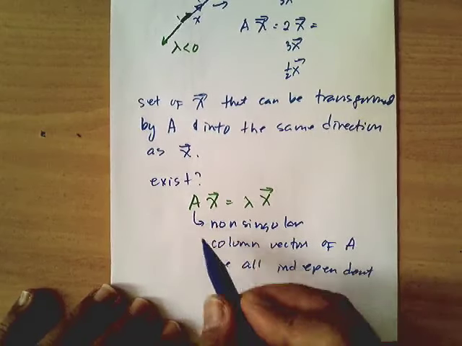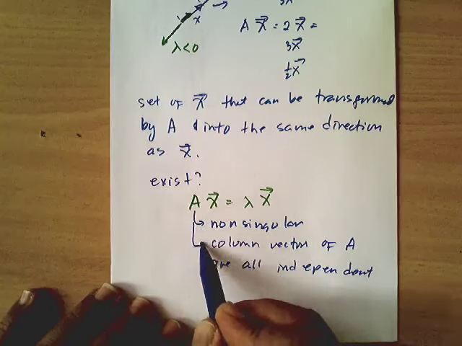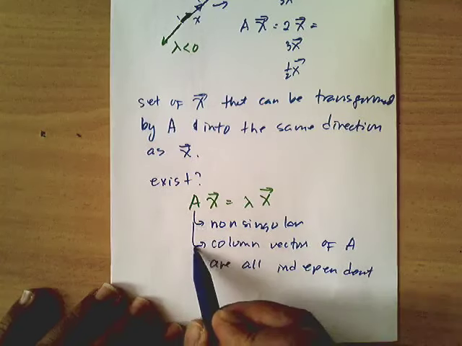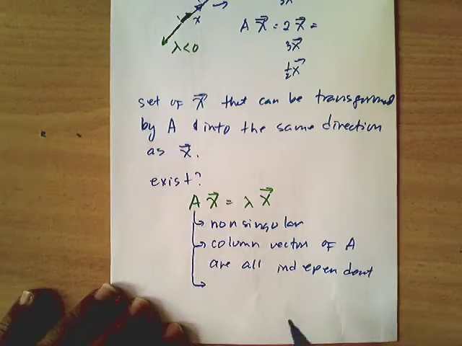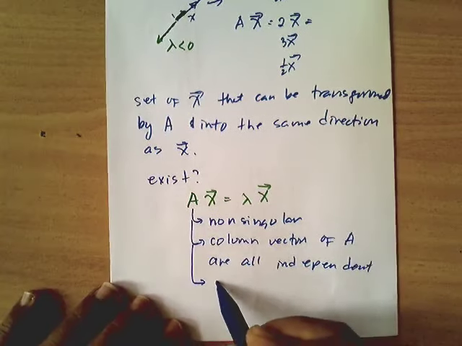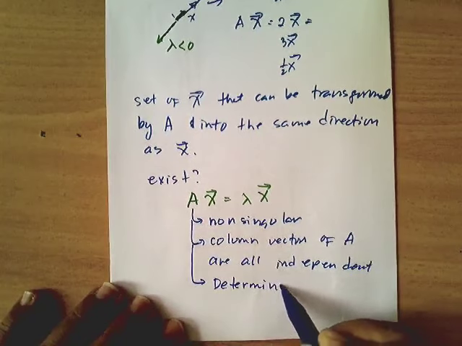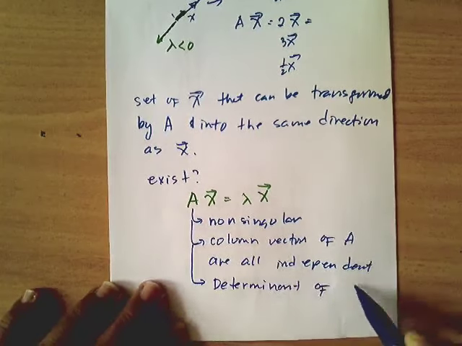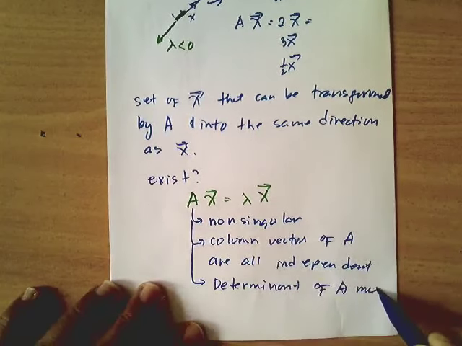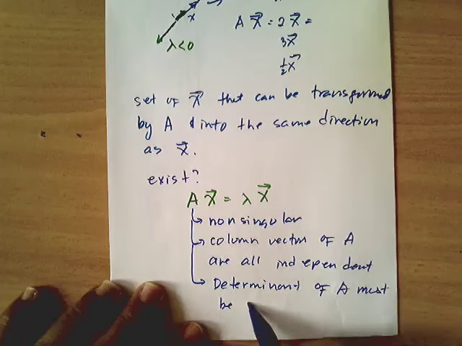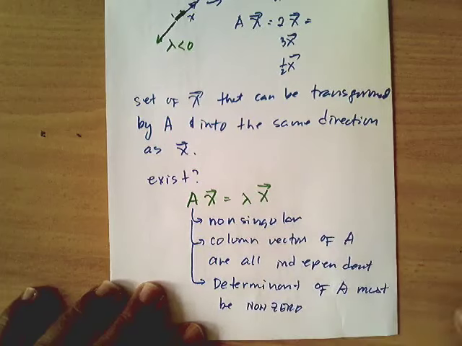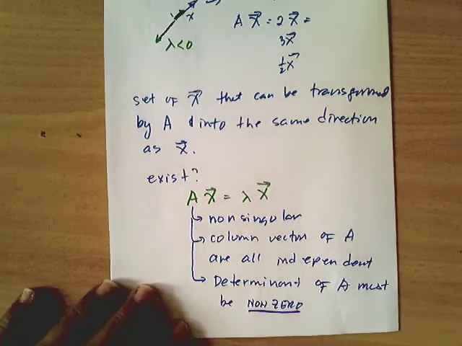Or if we say that the column vectors are all independent of each other, in terms of determinants, we can say that the determinant of A must be non-zero.